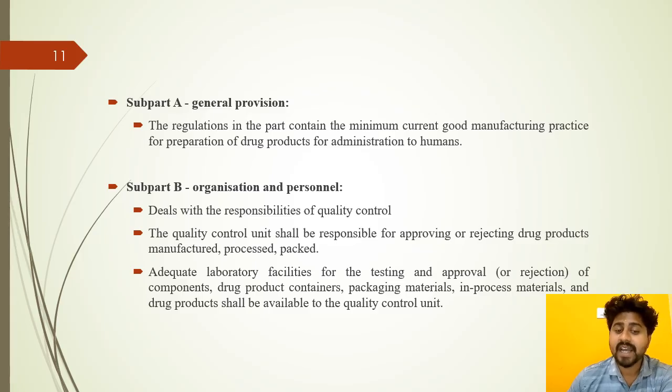There should be adequate laboratory facilities used to test and approve, or reject, the drug products with proper quality control tests. The personnel involved in quality control should be well qualified and well aware of the quality standards. They are going to test drugs and also containers, packing materials, in-process materials, and final drug products.